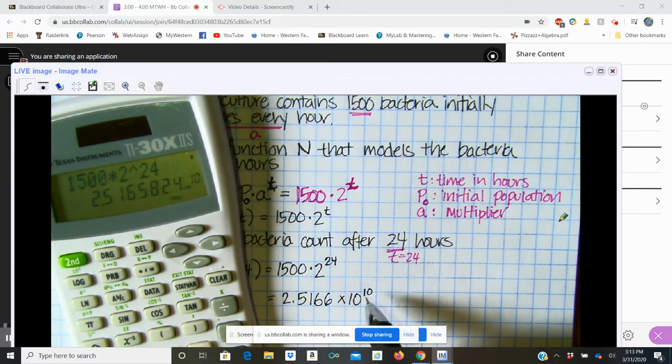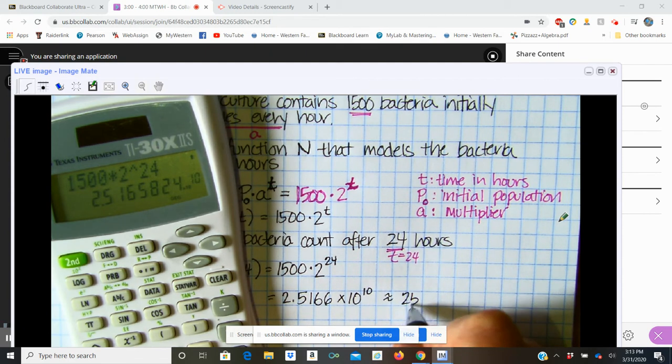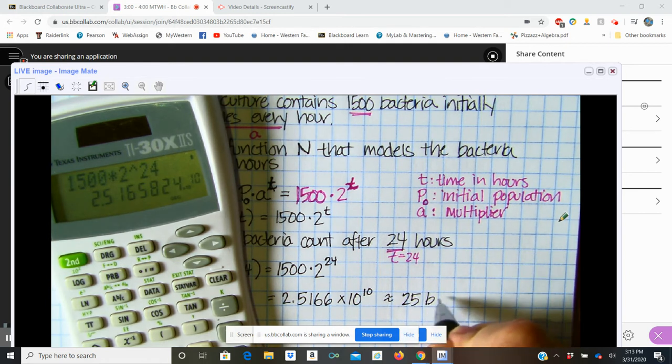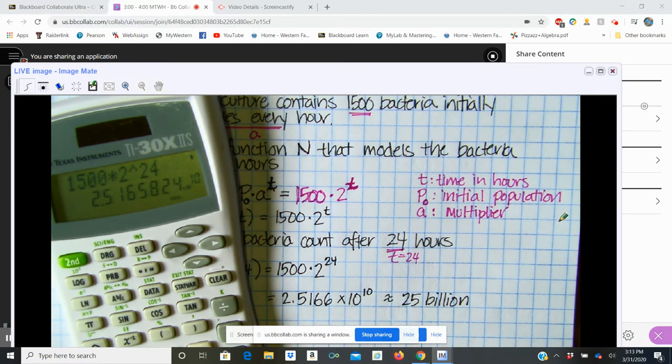Now, 10 to the 10th is about 10 billion. So this is about 25 billion. I'd have to move the decimal 10 places: 1, 2, 3, 4, 5, 6, 7, 8, 9, 10.